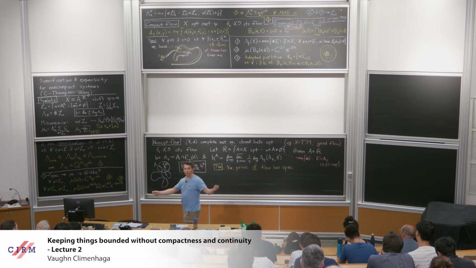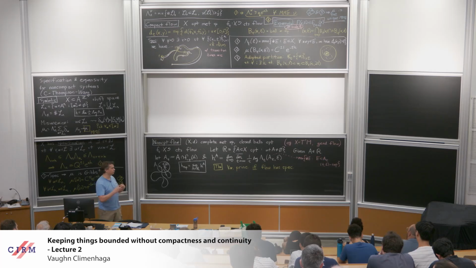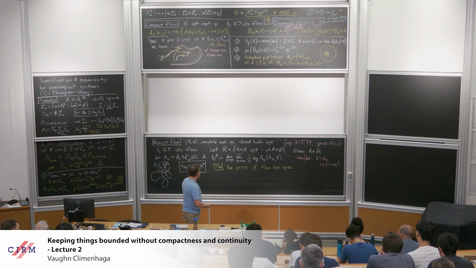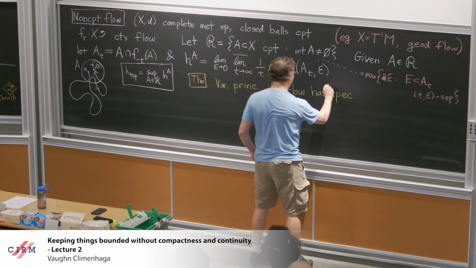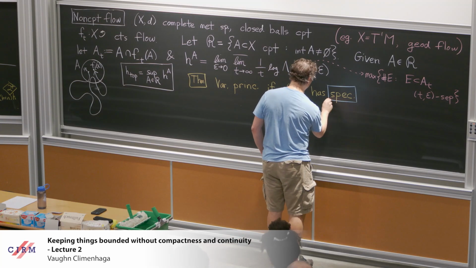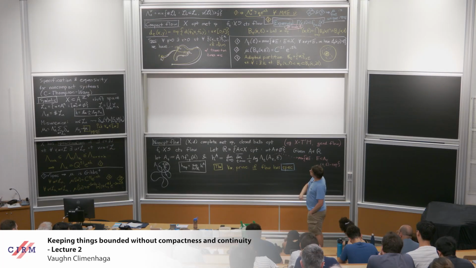So there's absolutely no hope to have a uniformly bounded transition time tau that's going to apply to all sequences of orbit segments. So the appropriate specification property in this non-compact setting takes the definition above and says the following.